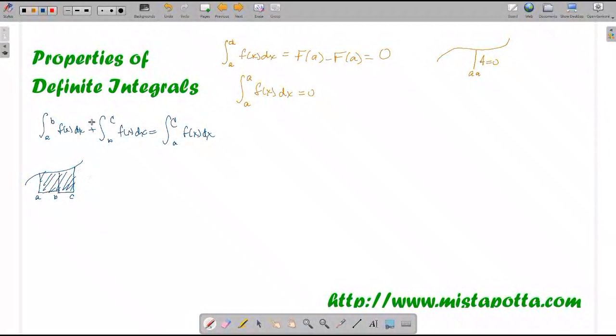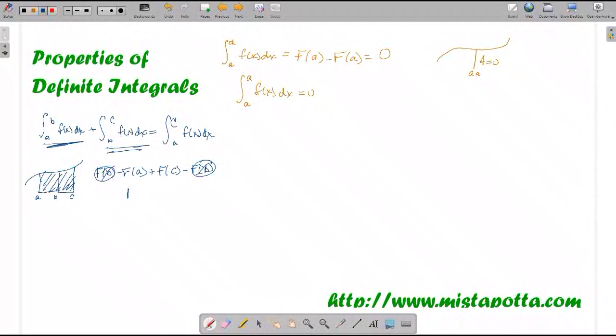But from the fundamental theorem of calculus, I'm going to have big F of B minus big F of A. That's this first integral. And then for the second integral, I'm going to be adding big F of C minus big F of B. And I notice that these quantities here end up subtracting out.